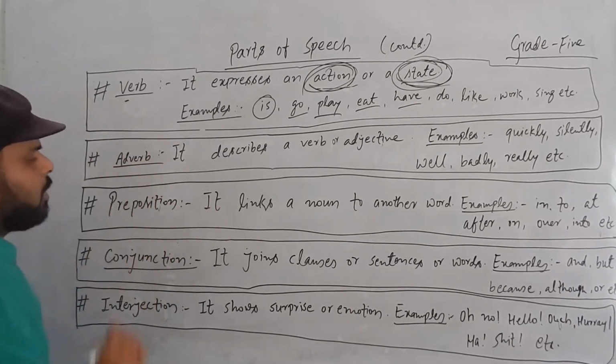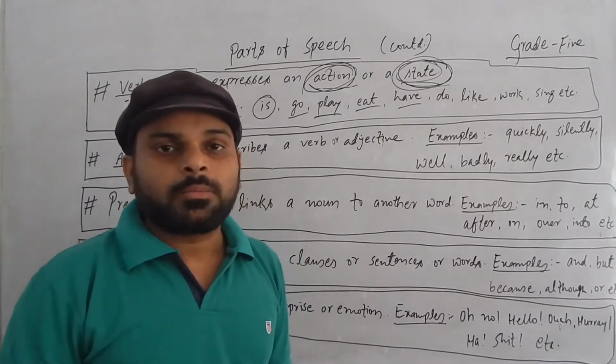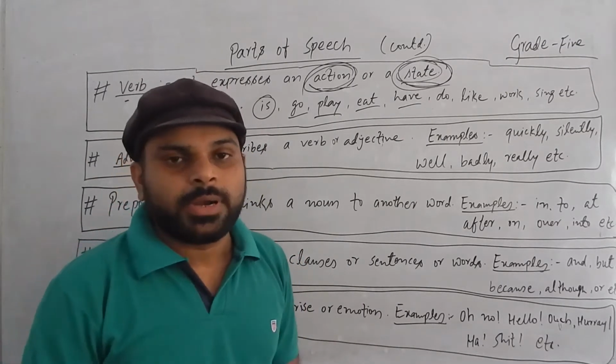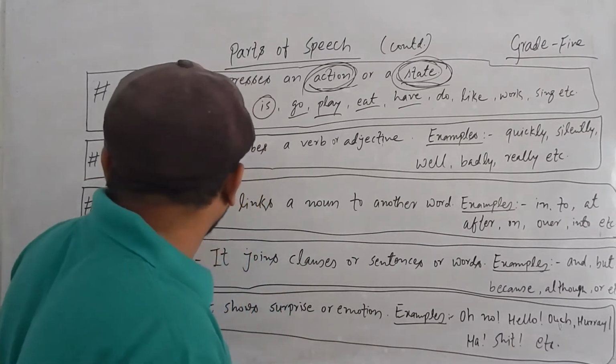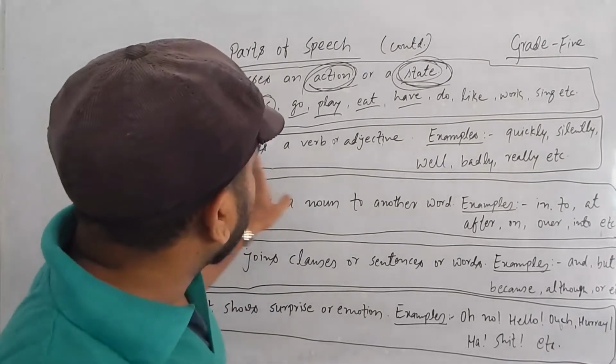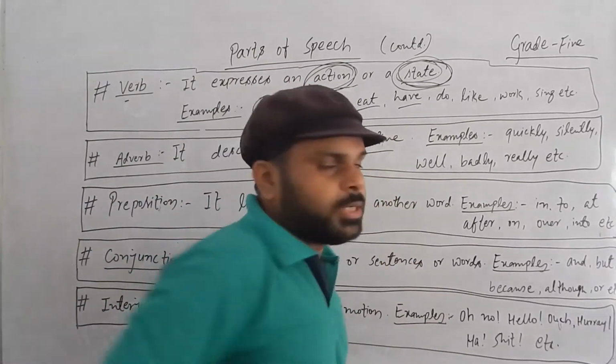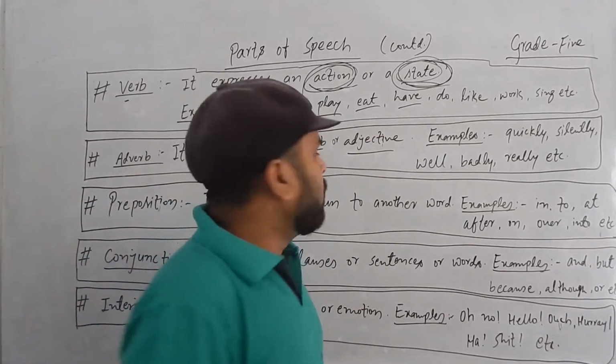Next, adverb. Altogether there are 8 sections in parts of speech. We have already discussed some. So adverb is the word that describes a verb, adjective or another adverb.